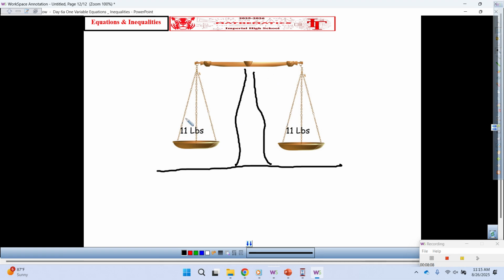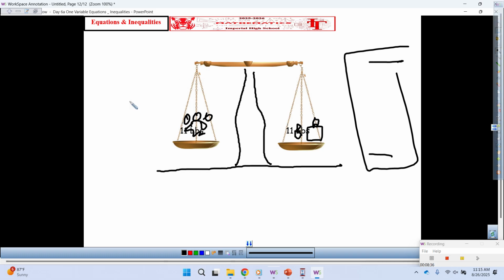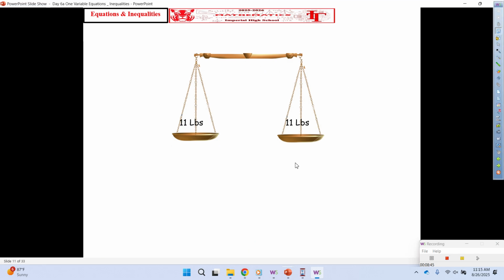They weighed 11 pounds of tomatoes over here, and over here they put a little weight to replicate 11 pounds. From far away, you're going to see that this is leveled with the table. And what symbol does that make? An equal sign. You guys see that? Yes? All right.